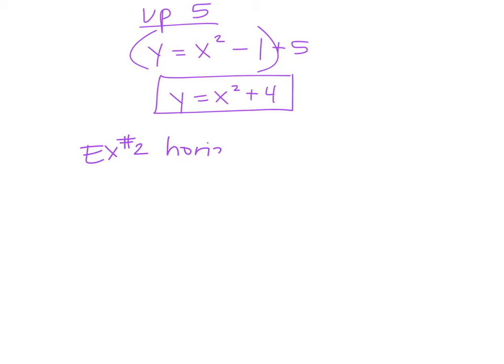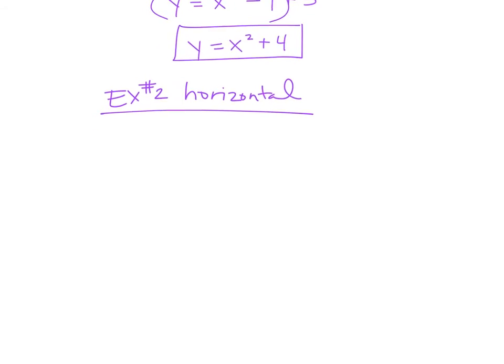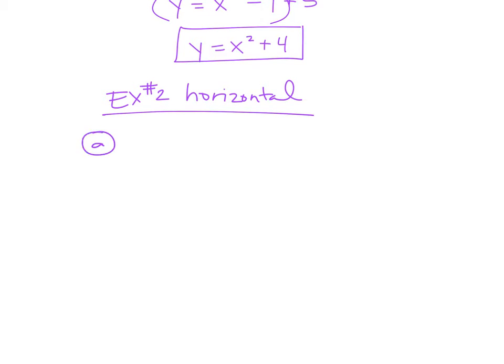This is the one that's a little confusing, right? When we go horizontal, let's say I start with f of x equals x squared. That's my parent function. And I'm going to go 7 left.